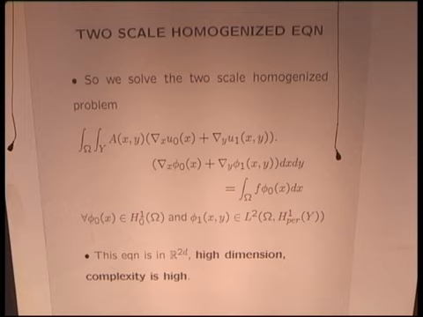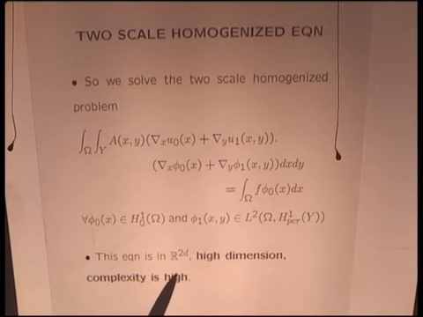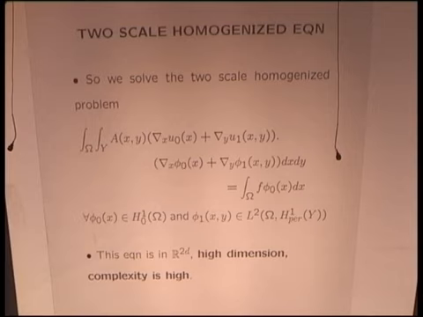So if this can be solved, we can have u0 and u1 at the same time, but it is in terms of x and y at the same time. So we need to solve an equation in R^2d, and it is not simple to do.